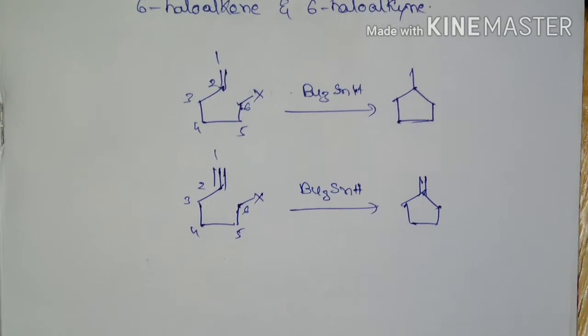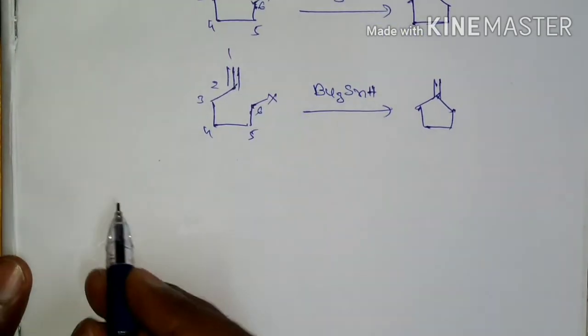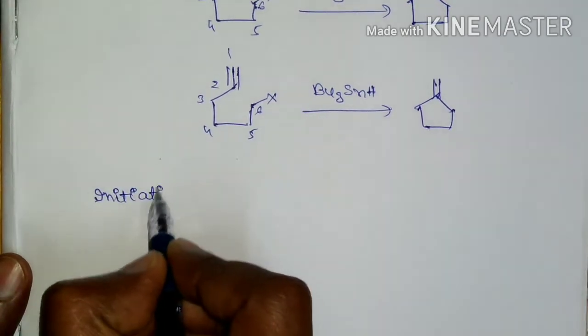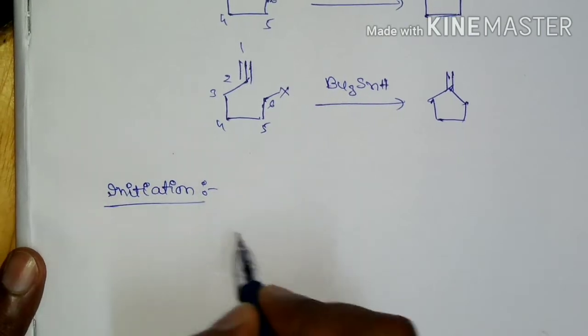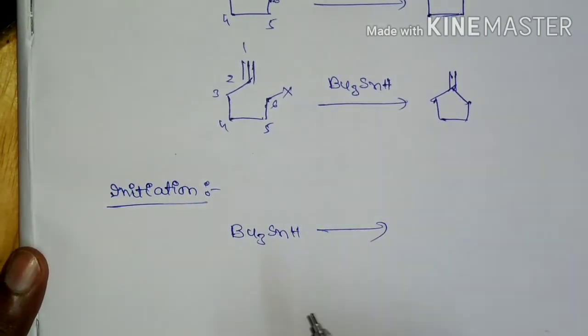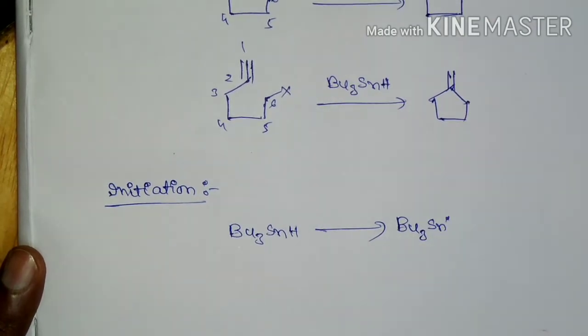Since it is also going to take place through a free radical pathway, the first step will be initiation, that is tributyl tin hydride. Upon treatment with a radical initiator, it is going to form tributyl tin free radical.